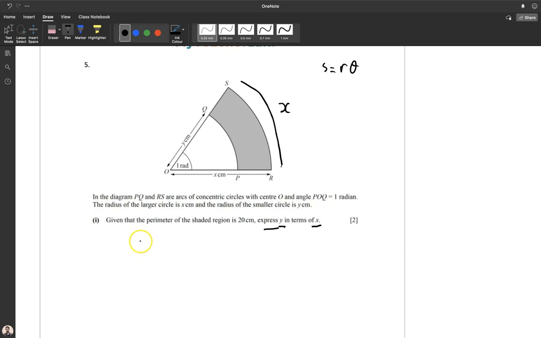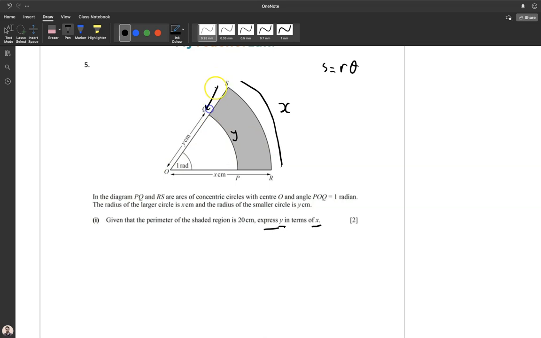Now, what about the small one? For the small one, it's almost the same, because r times theta, so the radius is y times theta, which is 1, is actually y. So it's quite easy for you as well to find the exact value.